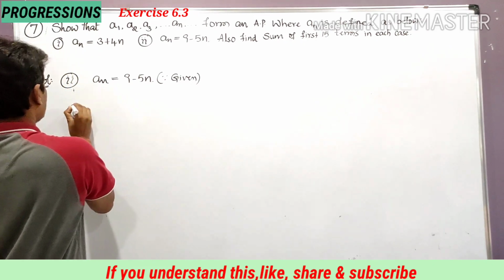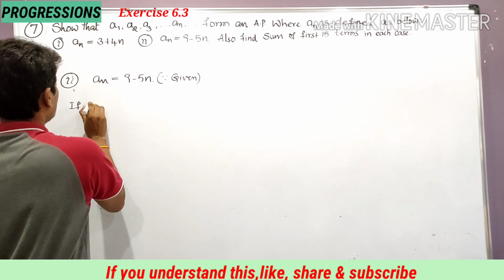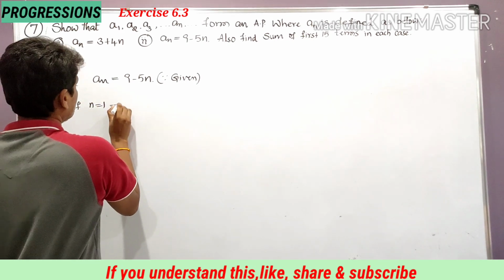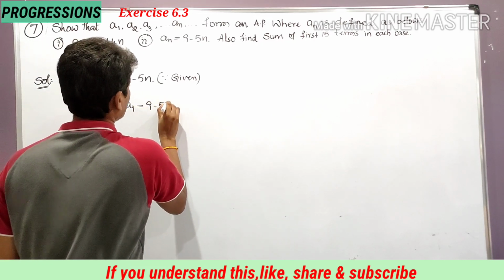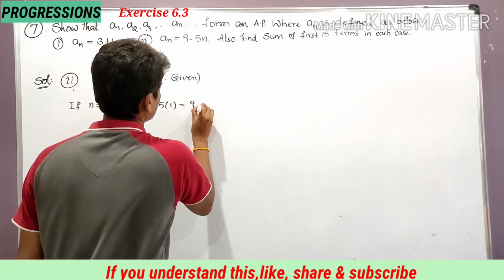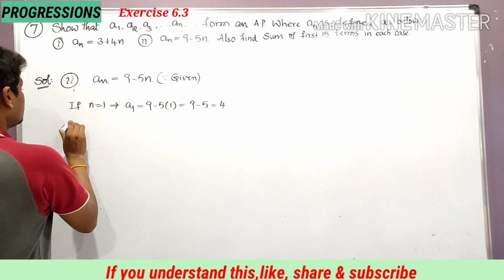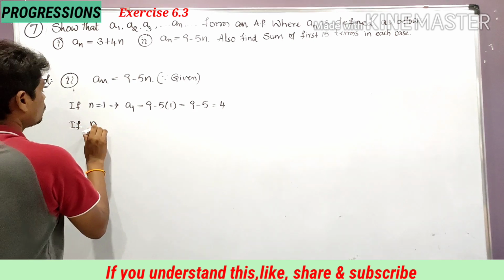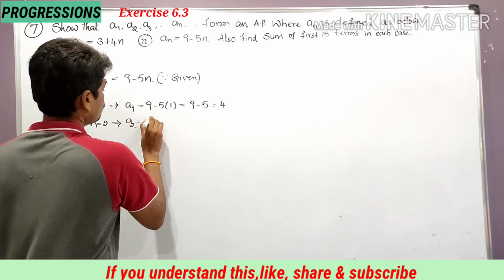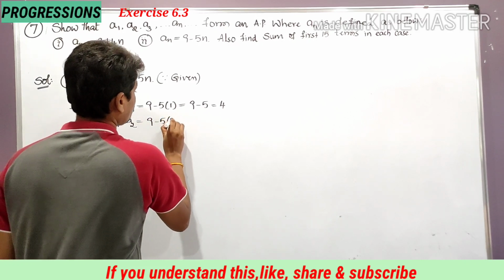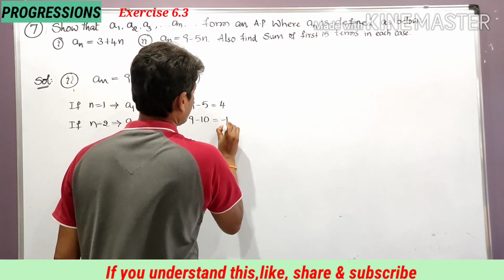See student, by substituting n equal to 1, 2, 3, you can get a1, a2, a3. If n is equal to 1, a1 is equal to 9 minus 5 into 1, that is 9 minus 5, which is equal to 4. Next, if n is equal to 2, a2 is equal to 9 minus 5 into 2, that is 9 minus 10, which is minus 1.